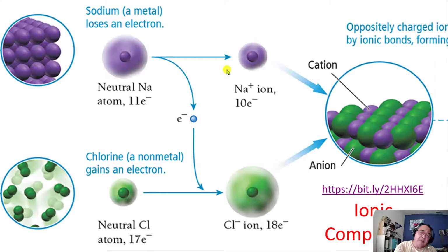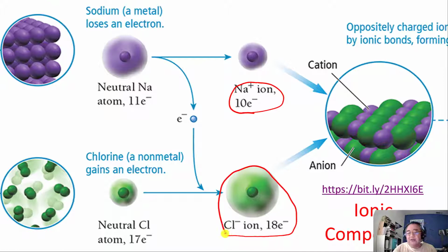Now, if you remember, one of the reasons we say was the driving force for this process is that sodium then gets to have the same number of electrons as the noble gas neon, and chlorine gets to have the same number of electrons as the noble gas argon. And again, we base the charge that they get on their periodic table position, okay?